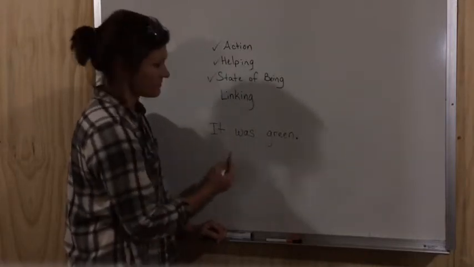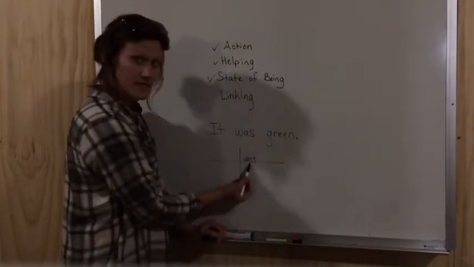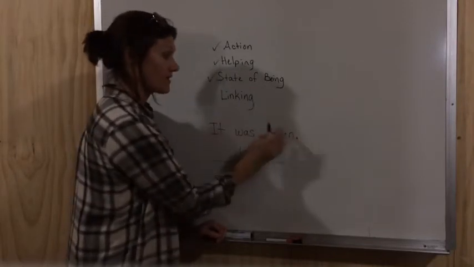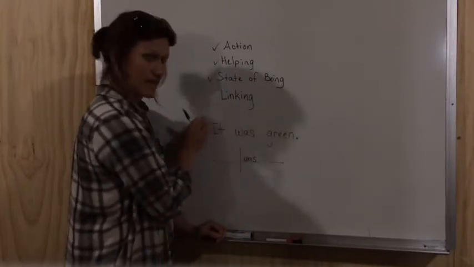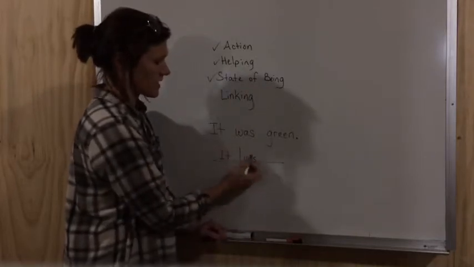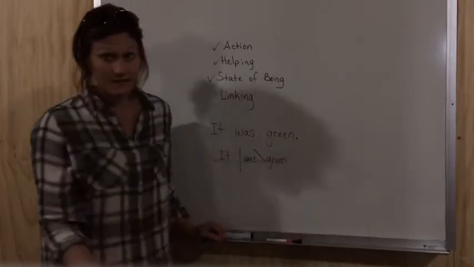It's describing the subject. So in this sentence, was is a linking verb. It's linking your subject with a word that describes or renames the subject. So your subject is it, and then you have to make that slanted line, green.